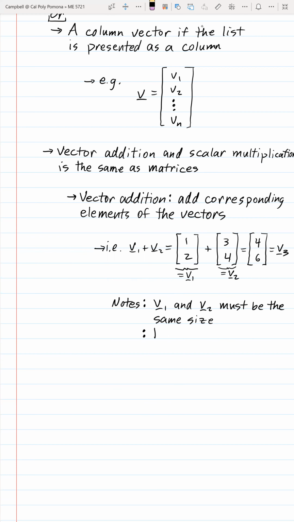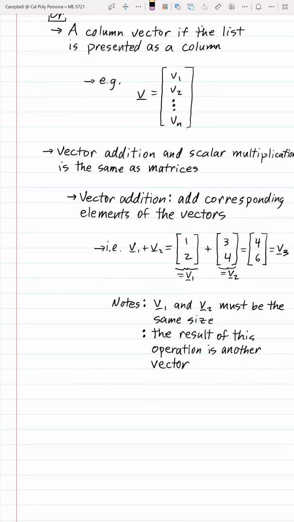Clearly, we can see that the result, and not surprising, but nonetheless, it's worth noting, the result of this operation is another vector.